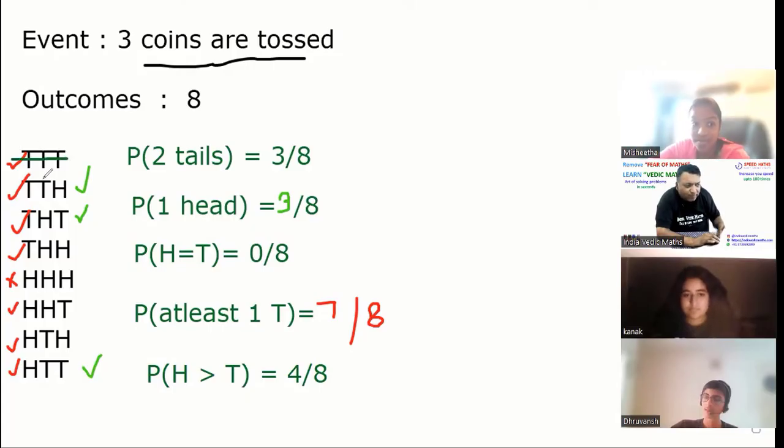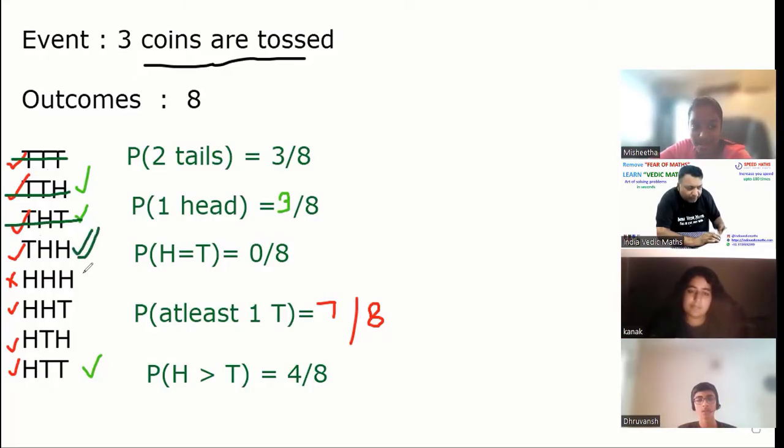The second one, there's more tails, so no. Again, there's more tails, no. There's more heads, so yeah. This is okay. Yeah, yeah, HTH, yeah. And the last one, no. So 4 out of 8. Good.